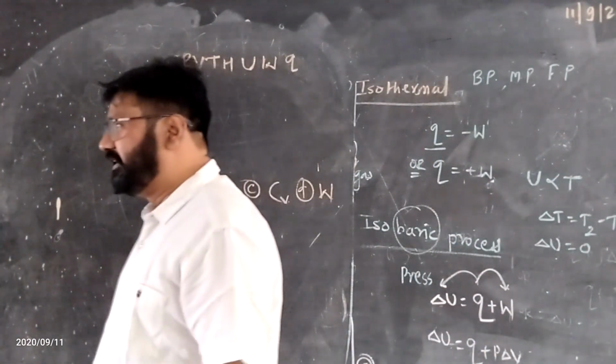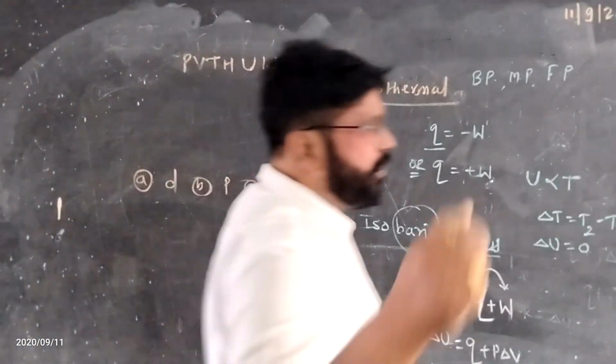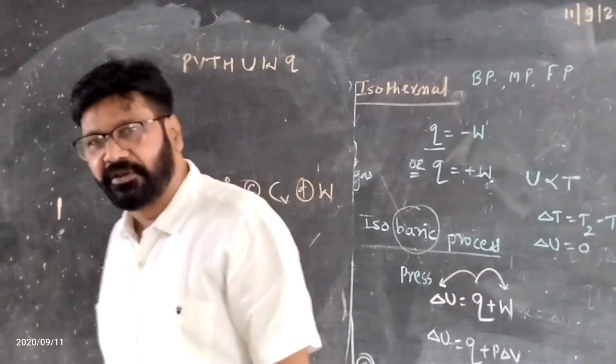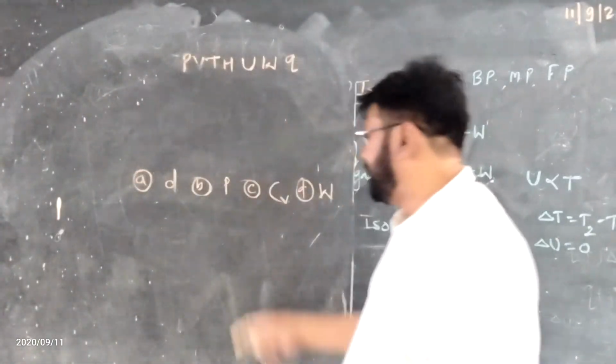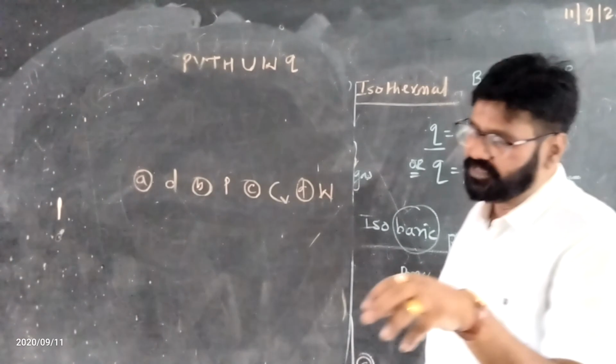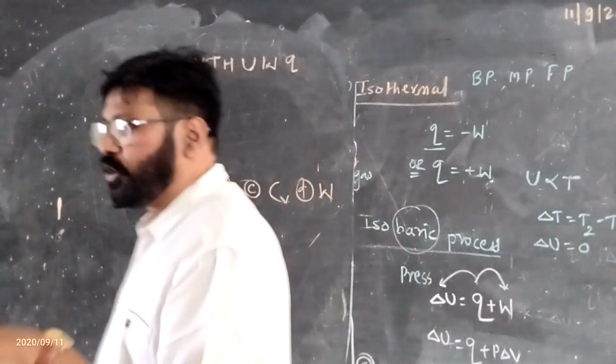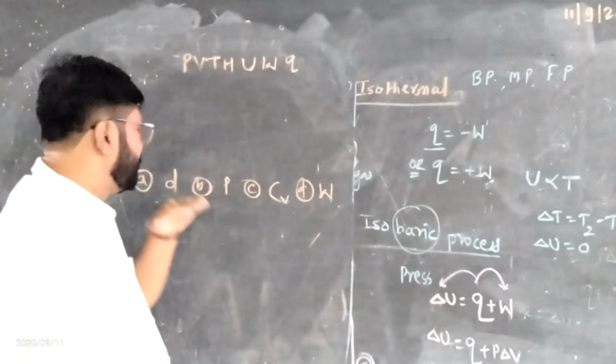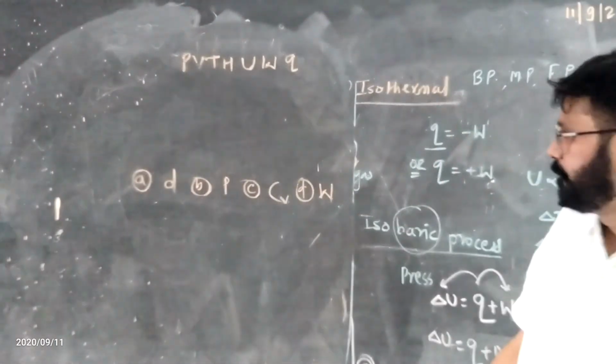First one is density. According to the definition, the ratio of mass to volume is called density. Division is used. It is an intensive property. Pressure is the ratio of force to cross-section area. Division is used. Therefore, pressure is also an intensive property.